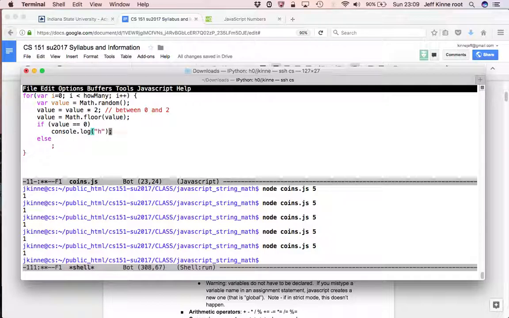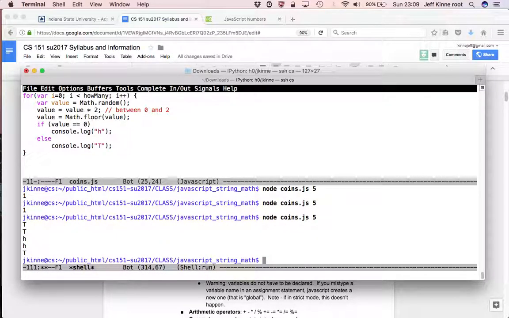Let's say that 0 is heads and 1 is tails. So there I should see different values come out each time, and that's 5 times.